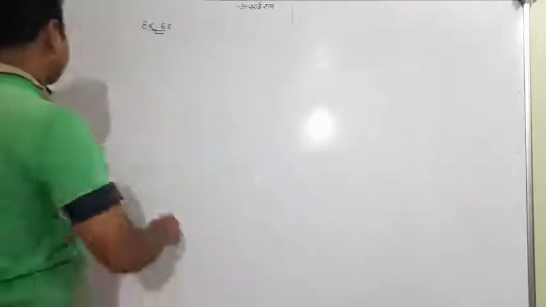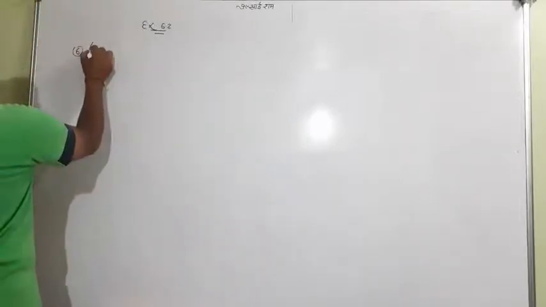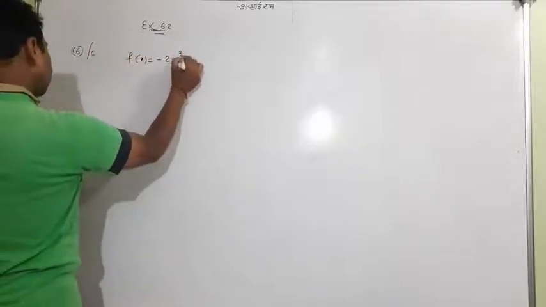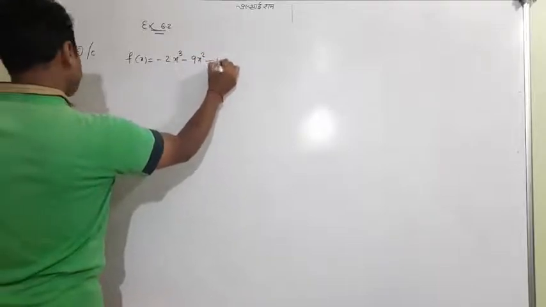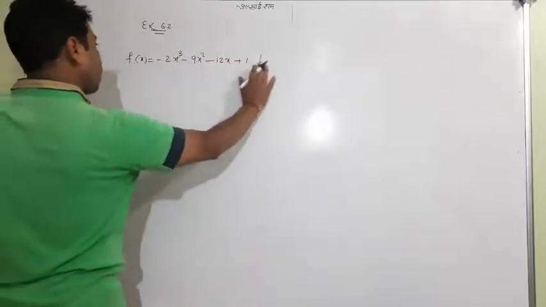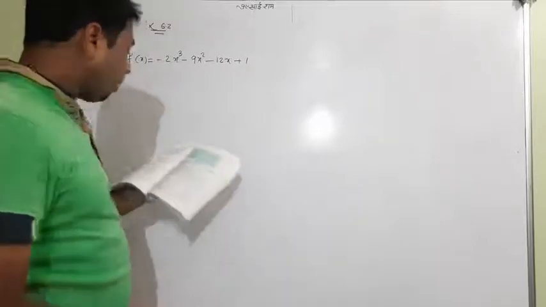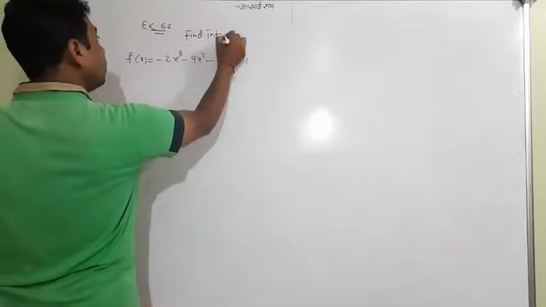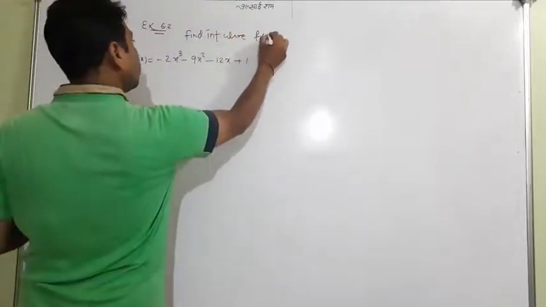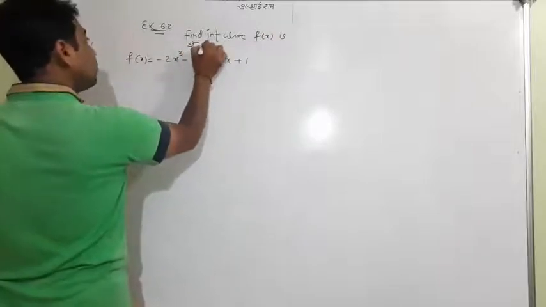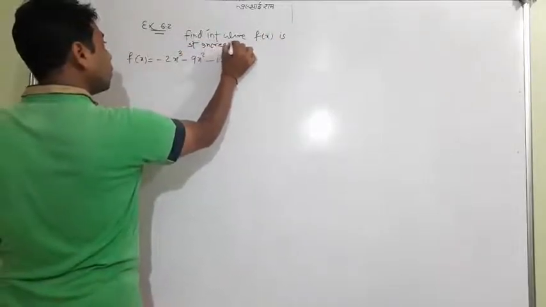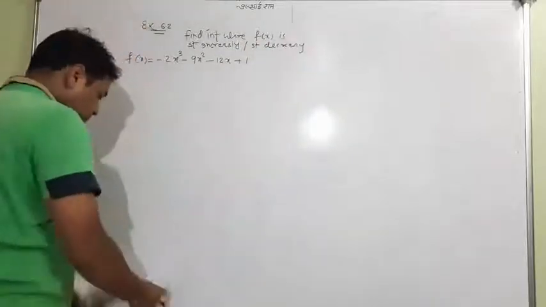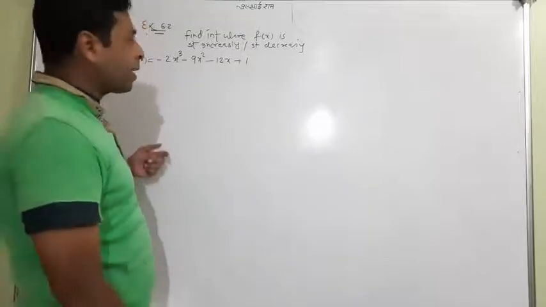I'm taking question number 6, and among this we have part C. f(x) equals minus 2x cubed minus 9x squared minus 12x plus 1, and the question says find the interval where the function is strictly increasing or strictly decreasing. This question is asked.